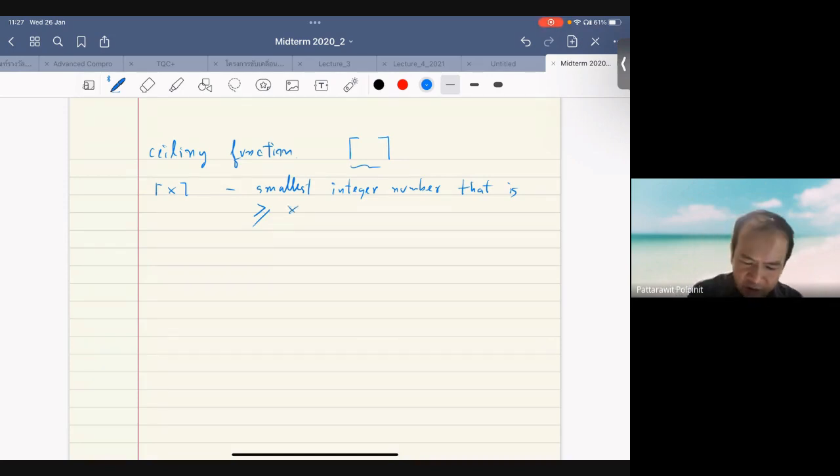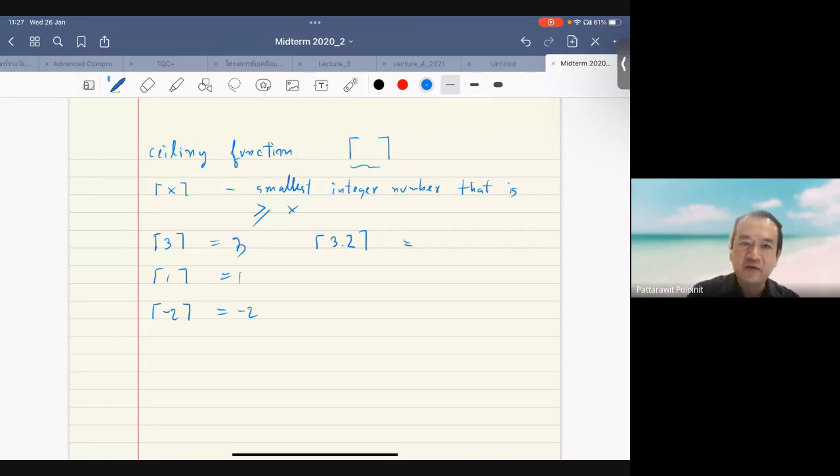As you can see, the ceiling of 3 would be equal to 3. The ceiling of 1 would be 1. The ceiling of -2 will be -2, basically, right? Anything that is already an integer is easy. But let's say the ceiling of 3.2.